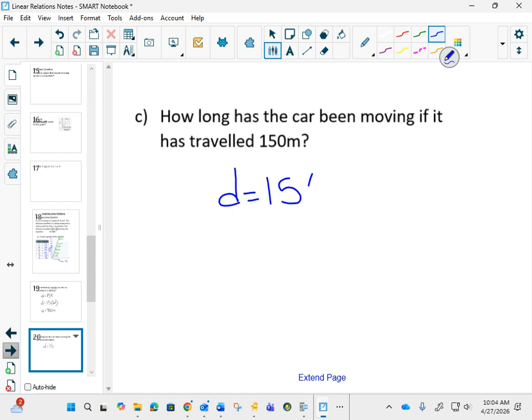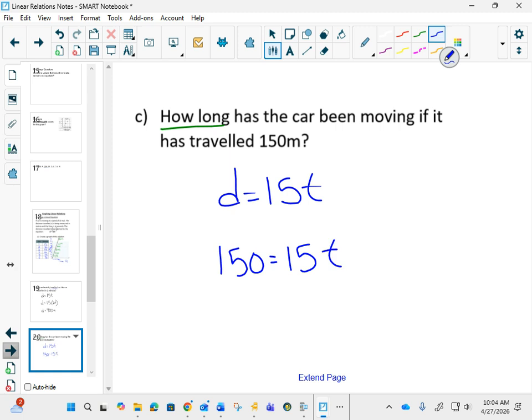Here's our formula. They gave us the equation. This is the relationship that makes a straight line. So if the question says how long, what do we want to find out? Time. Do we know the distance? Can we put a number in for the distance? We can put 150 in for the distance.